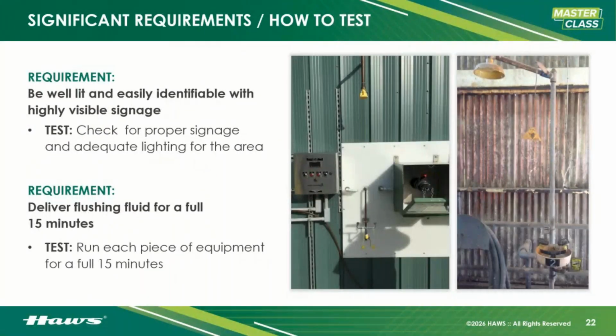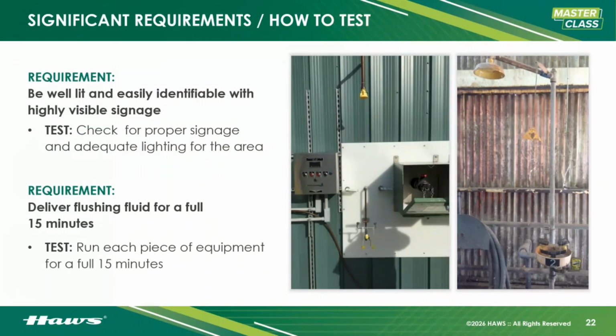The area needs to be well lit, and it needs to be easily identifiable with highly visible signage. This is important for the facts that I just mentioned, right? Panic, poor eyesight, things of that nature. I need to be able to identify this thing. But there's something to it beyond that too. If you are reporting to work and this thing stands out like a sore thumb, the position and location of it will constantly be refreshed in your mind.